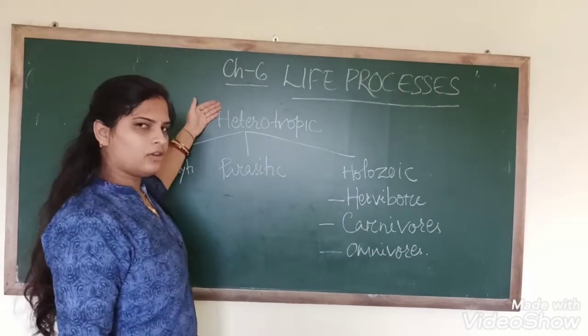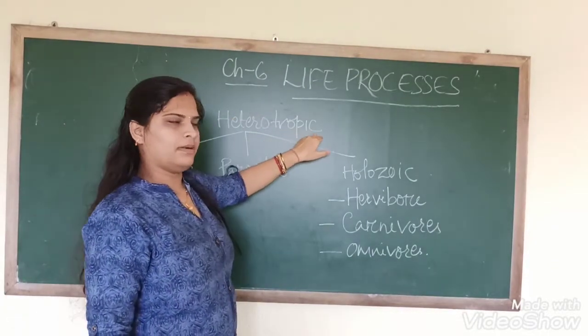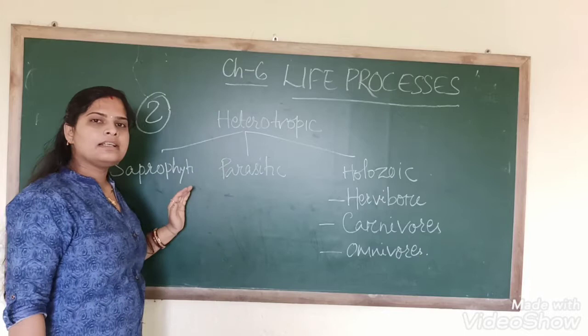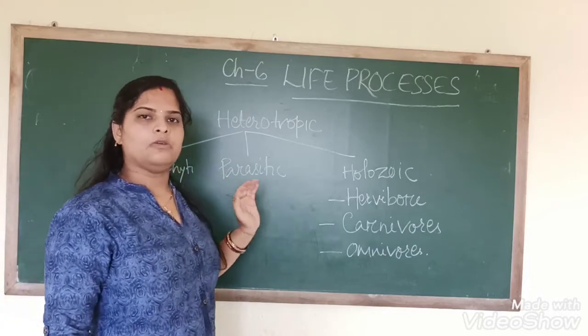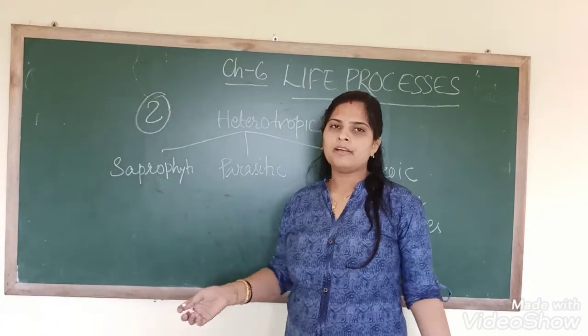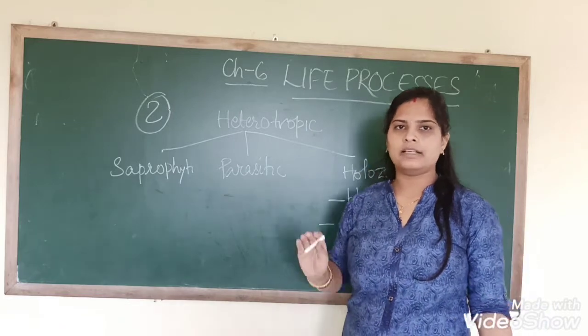Hetero means depend on others, and trophic means nourishment. Heterotrophic nutrition is a mode of nutrition in which an organism depends on other organisms or other things.